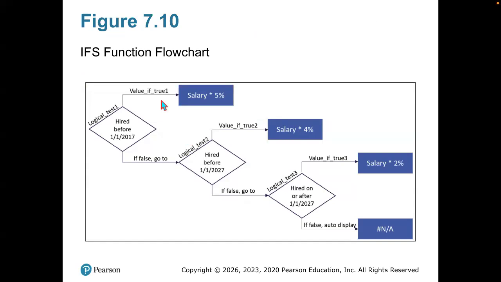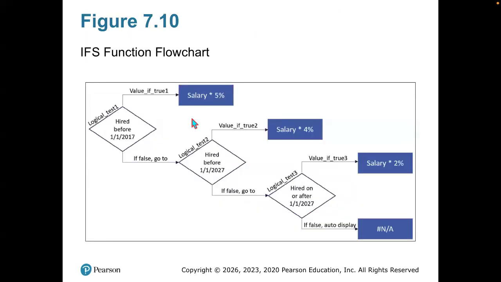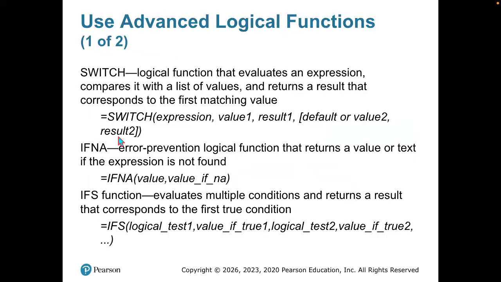We're going to test the expression. Let's say we're testing the date. When is this person hired? We're going to see where this expression corresponds to. Is the expression hired before January 1st true? Then you go to result 1.